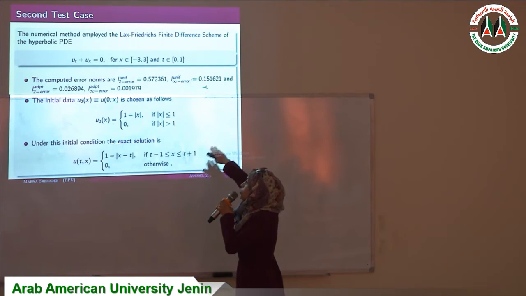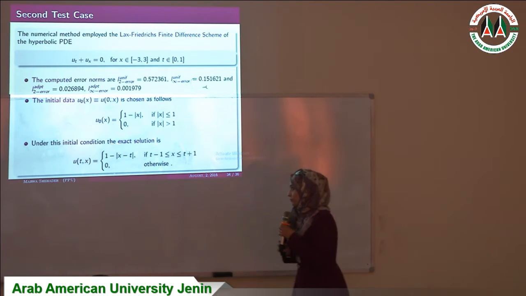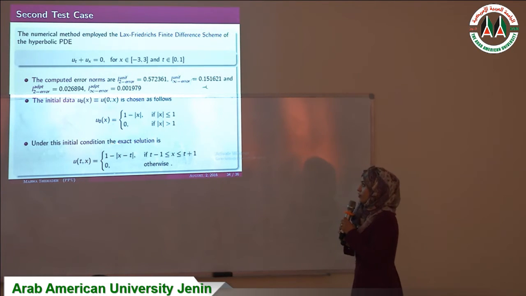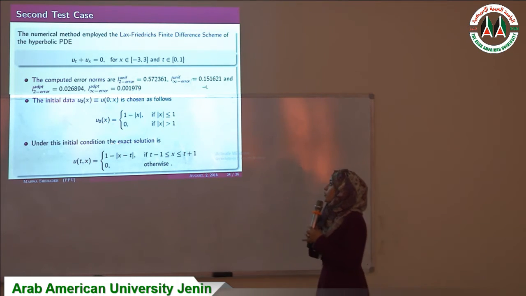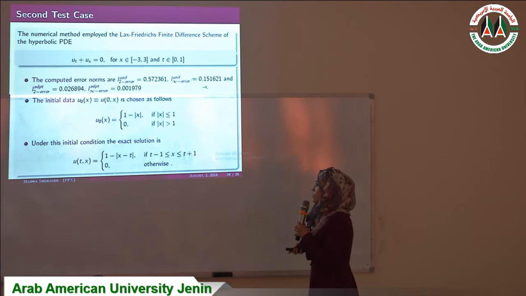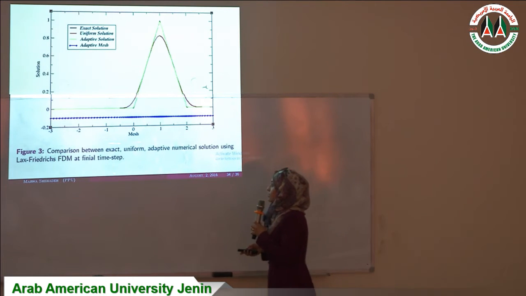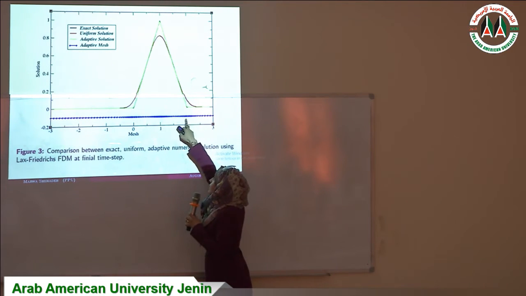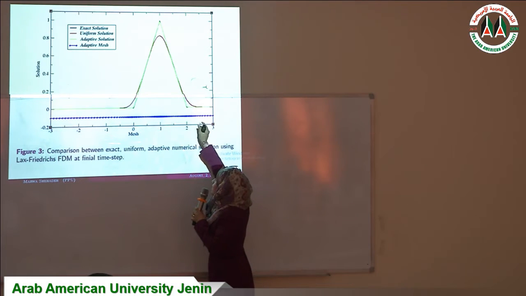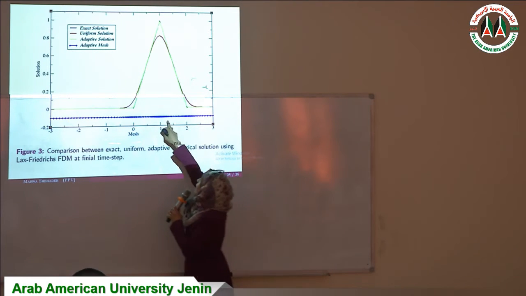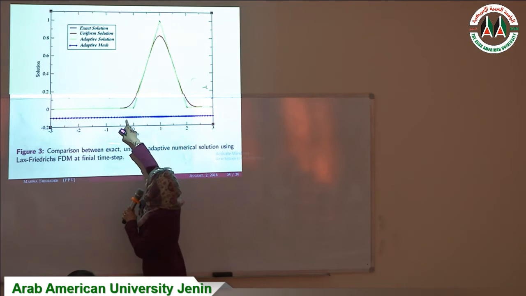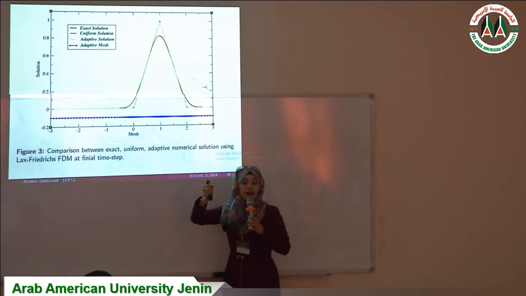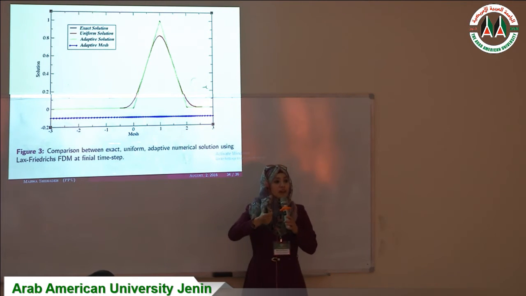By comparing the error, we can see that the error is much smaller when compared with the uniform one. In the chart, we can also see that the points are clustered in areas of high error and high curvature, fixing the solution to be very near to the exact solution, and that's what we want.